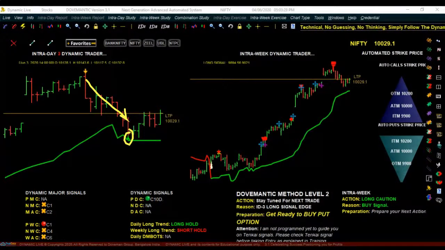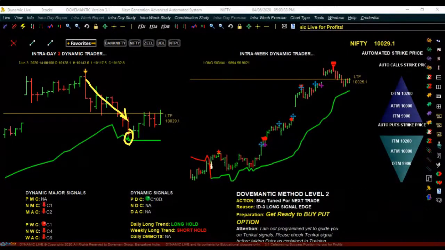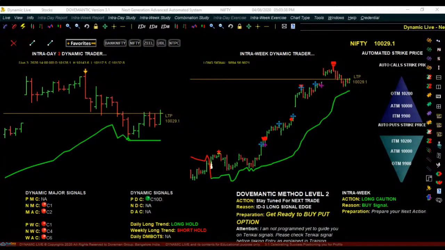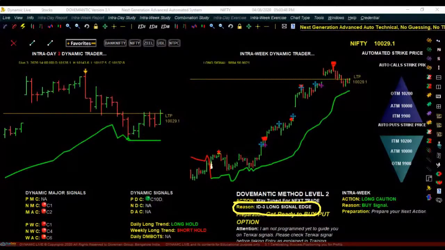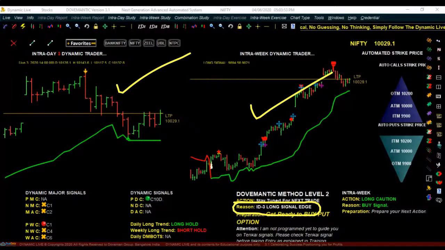Got it? Now, you may have a question in your mind saying that there seem to be so many symbols out there, so which is the symbol that we can call a zigzag? For that, whenever any symbol appears, you can look at the reason here. In the reason, it will be very clearly written as ID3 zigzag. ID3 means intraday 3, intraday 3 zigzag, or intra-week zigzag, because the zigzag can appear either in the intraday chart or in the intra-week chart.